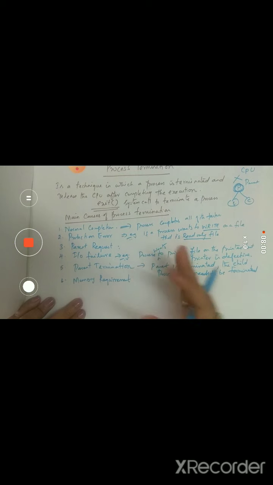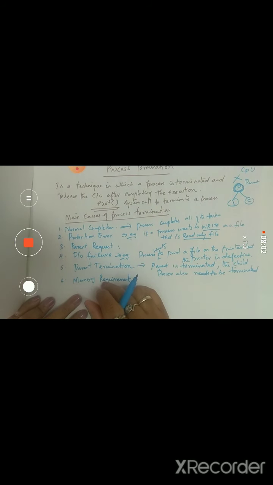At that time the process needs to be terminated. So these are some main causes of process termination.